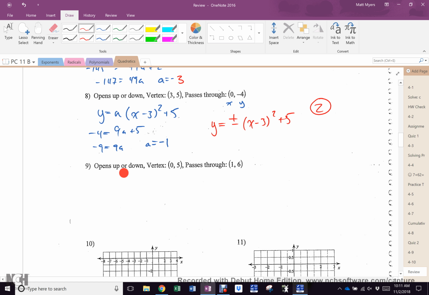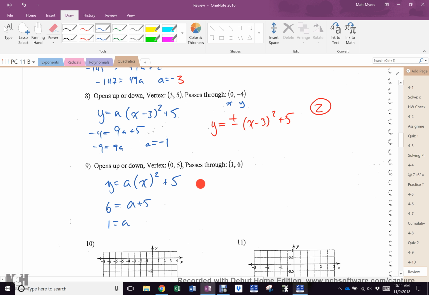y equals a(x minus 0) squared plus 5. So just ax squared plus 5, right? Passes through 1, 6. So 6 equals a times 1 squared, which is 1, a plus 5. 1 equals a.